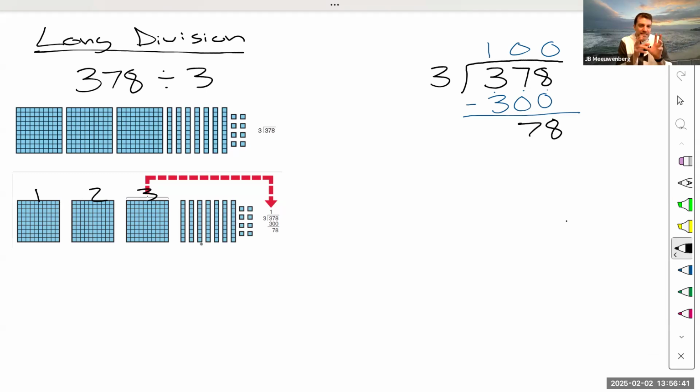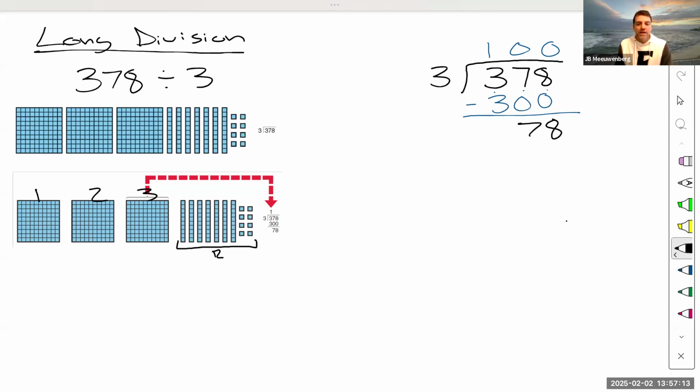So if I'm going to start to put these in 3 different groups, here's my first group, here's my second group, here's my third group. And that's where that 1 comes from, okay? 1, 2, 3, okay? 1 is representing a singular flat piece. Now, this stuff over here, this is what we have so far as a remainder, right? That's our 78, okay? And so what happens next?